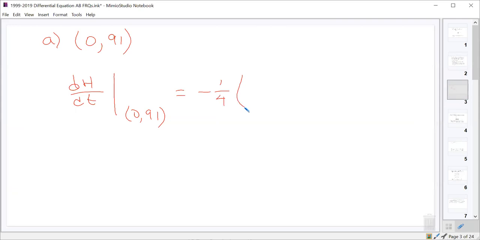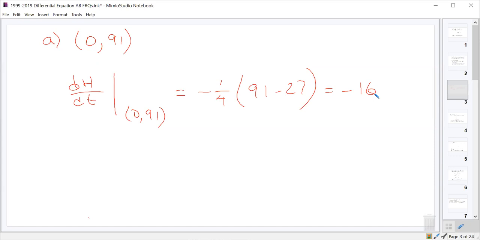Well, what's h in our initial condition here? 91. So negative 1/4 of 91 minus 27. 91 minus 27 ought to be 64. So this is negative 1/4 of 64, which is negative 16. Everybody good with that? People at home good with that? People here good with that? Zoom good? Good.